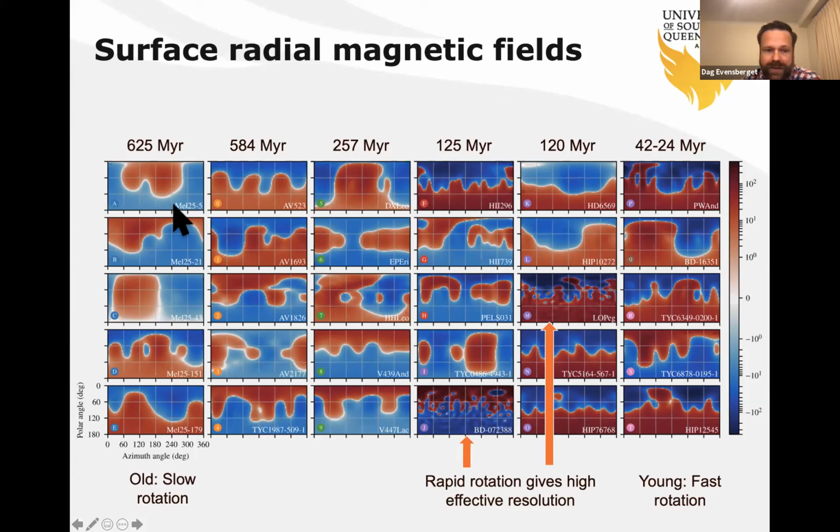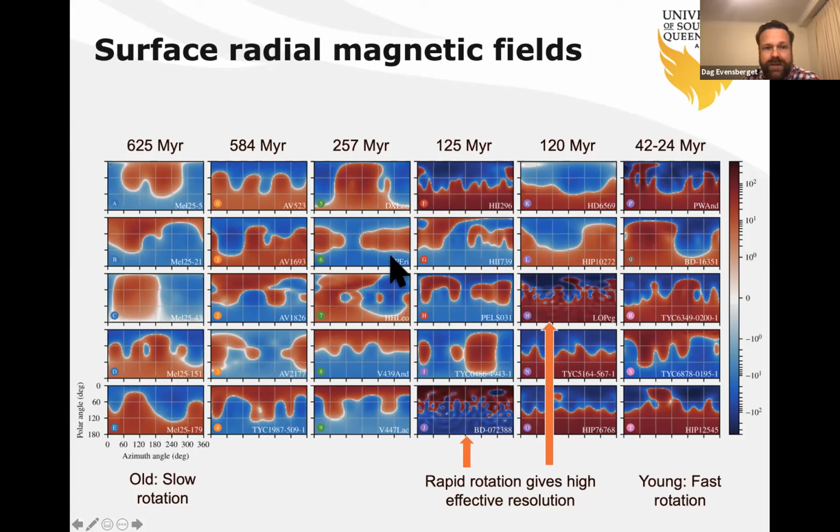So what we can see here is that in general, stars that have stronger magnetic fields, so sort of darker contrast here, also appear to have more details in their surface magnetic fields, particularly if they are also rapidly rotating. This is a feature of Zeeman Doppler imaging: the more rapid the star rotates, the more detail you can resolve on the stellar surface.